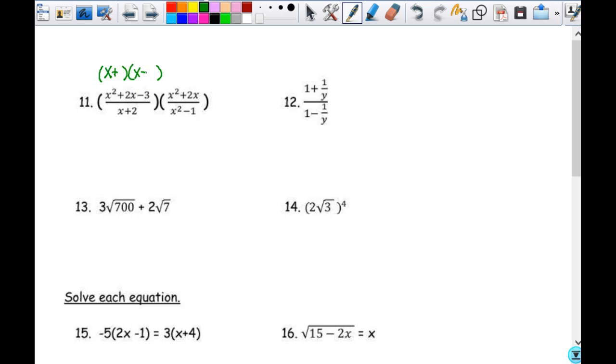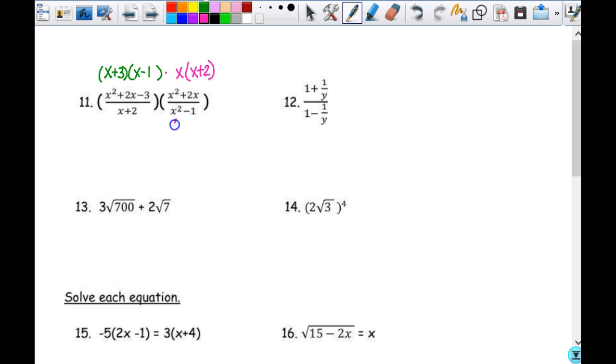And since that's a negative 3 and a positive 2 right here, then that's going to give me 3 and 1. And then here, when I factor out the GCF on this one, that is x. So this is going to be times, and this is going to be x times x plus 2. And then the denominator, which is this x plus 2.